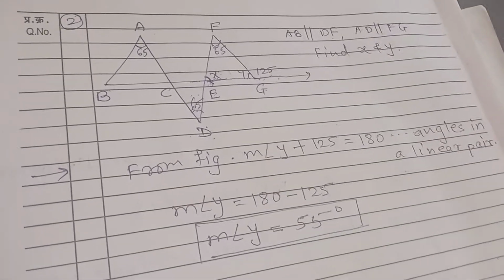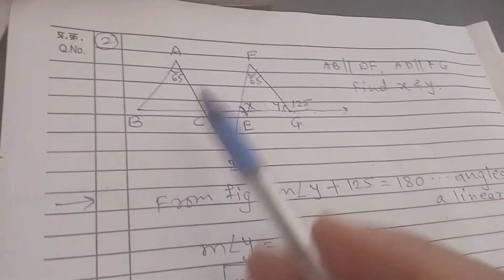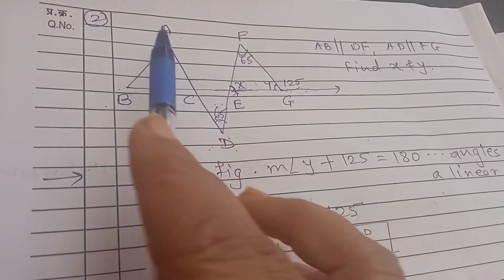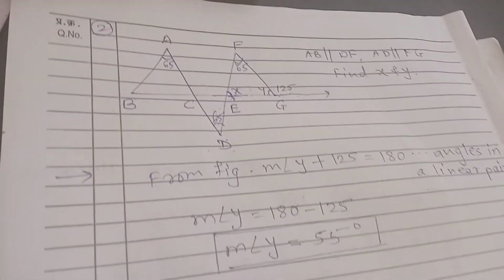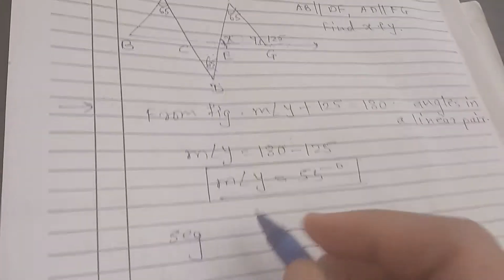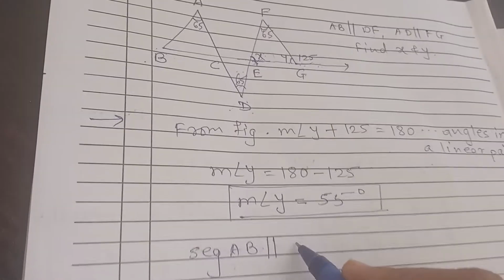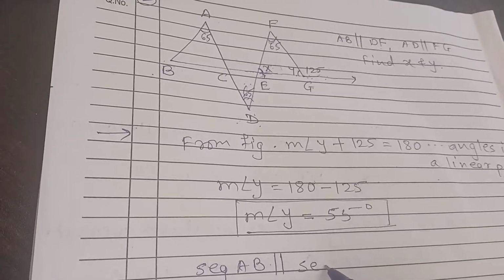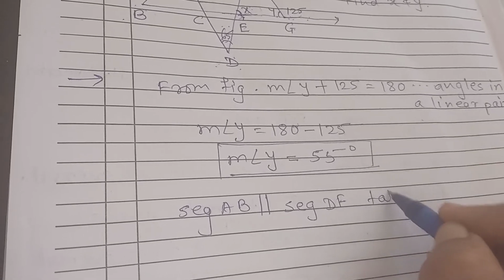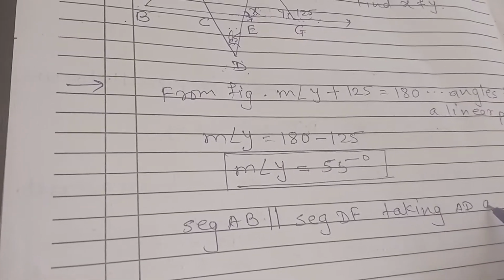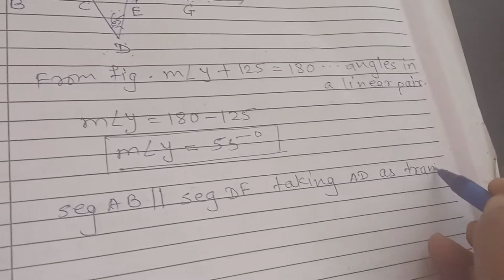One answer we get. Now to find the second answer, what do we have? Line segment AB is parallel to DF, taking AD as a transversal.